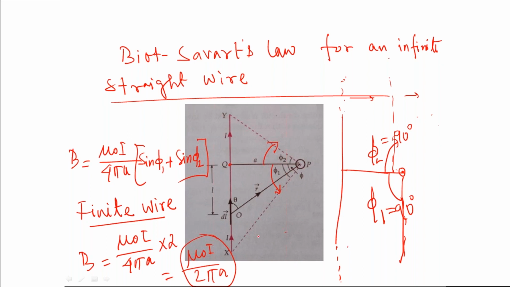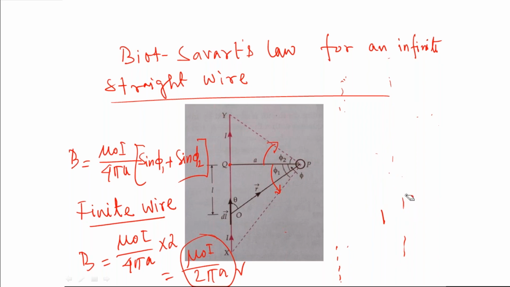But suppose the wire is infinite, but you take the point where you want to calculate the magnetic field at one of the edges. So what happens in that case? Suppose my P point is here. What is the phi 2 angle? Phi 2 will be 0. And since it is infinite, phi 1 will be 90 degrees anyway.